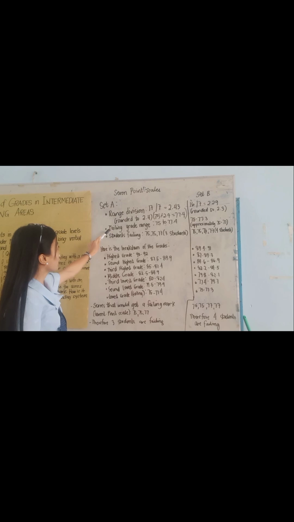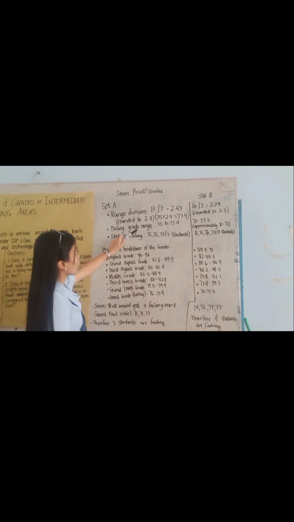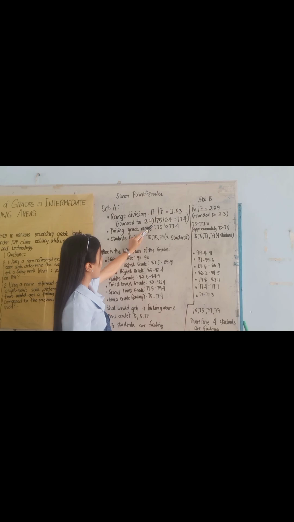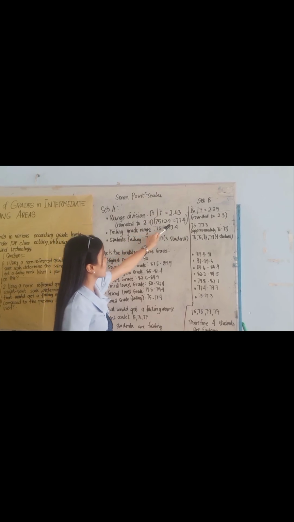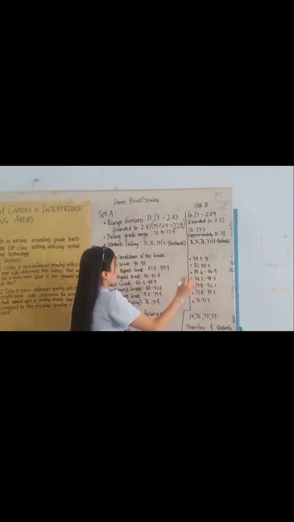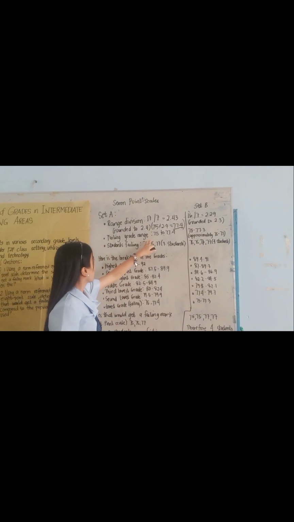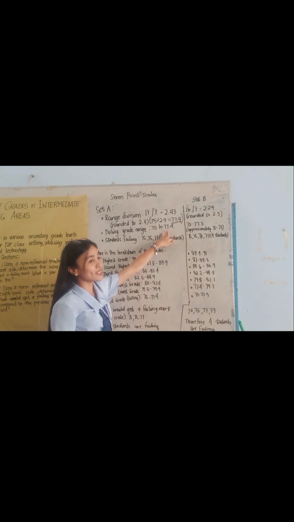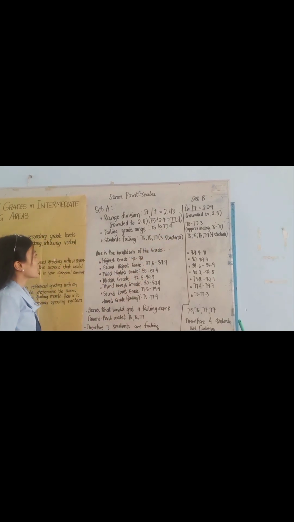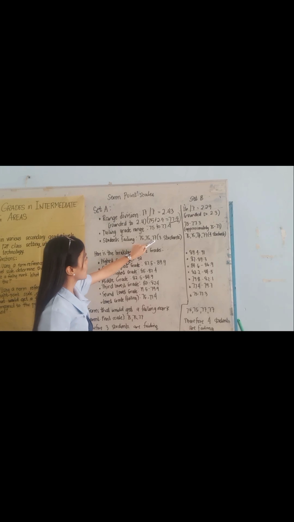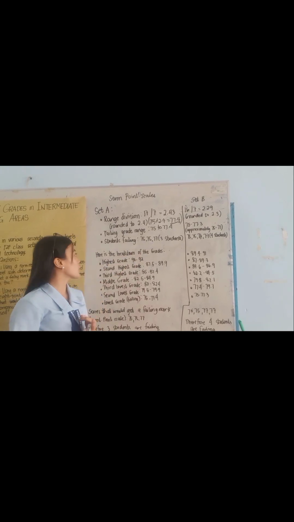In order to get the failing grade range, we add the lowest grade 75 plus 2.4, which equals 77.4. So therefore, the failing grade range is 75 to 77.4. The students failing are 75, 75, and 77. So there are 3 students.